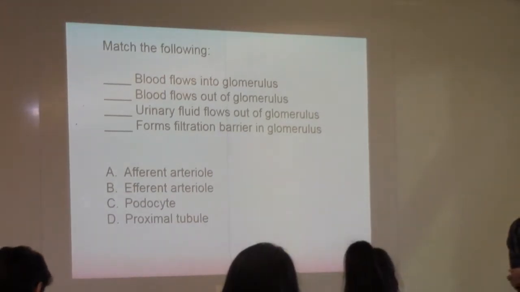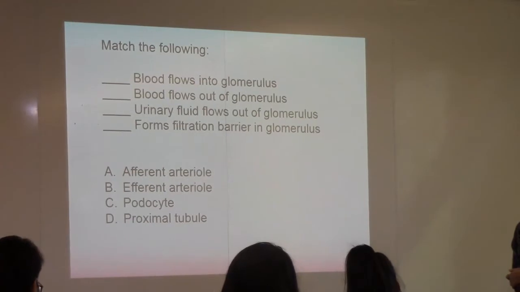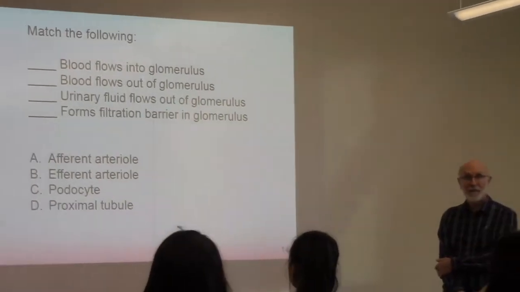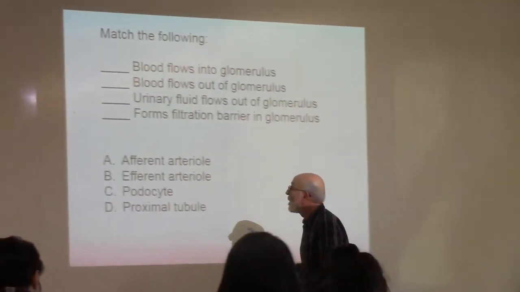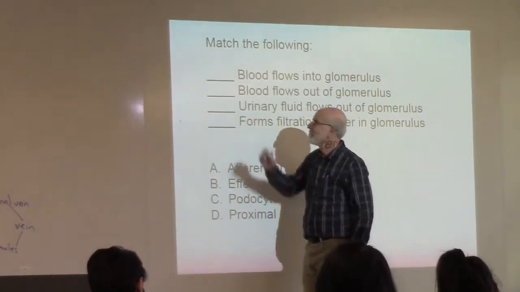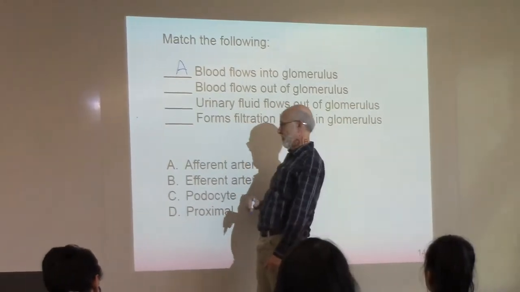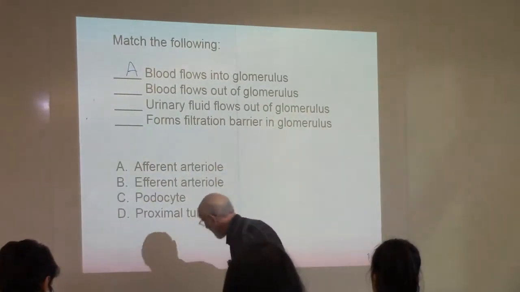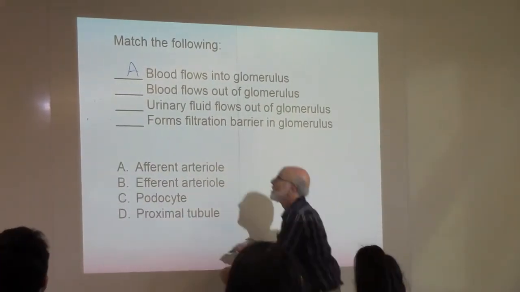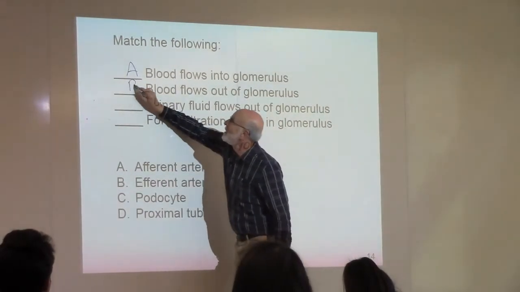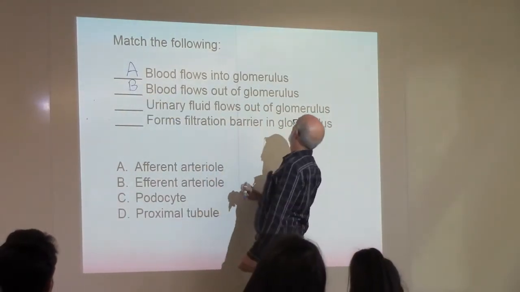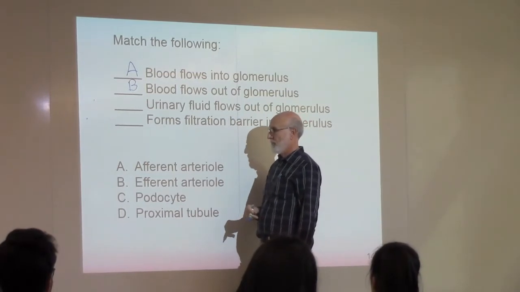Blood flows, this is an easy one. This one takes blood flows into the glomerulus. Okay. Blood flows out of the glomerulus. B. Urinary fluid flows out of the glomerulus.